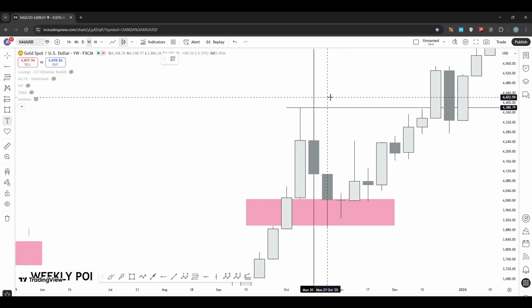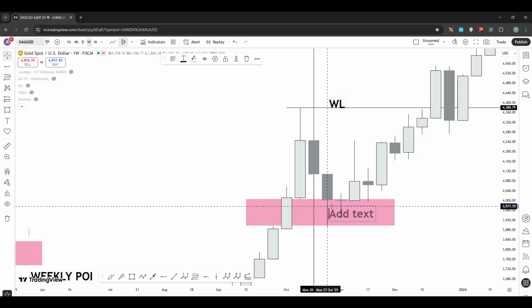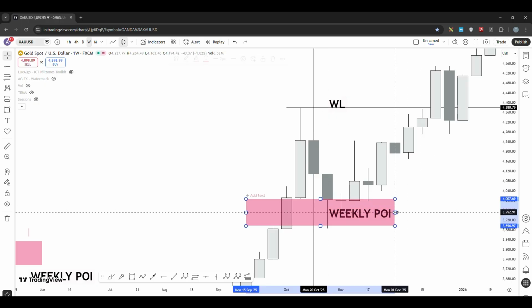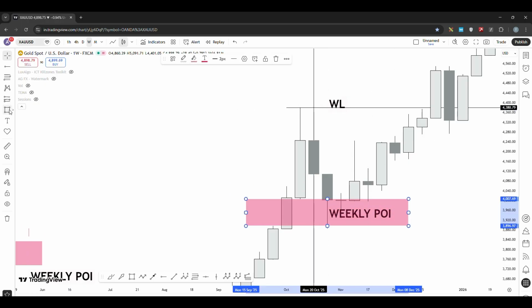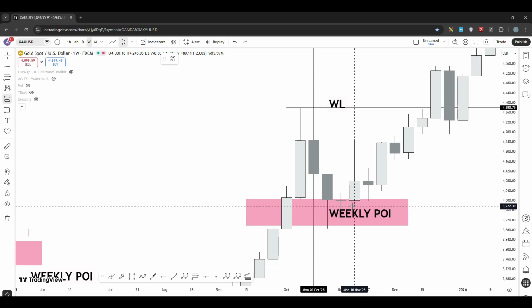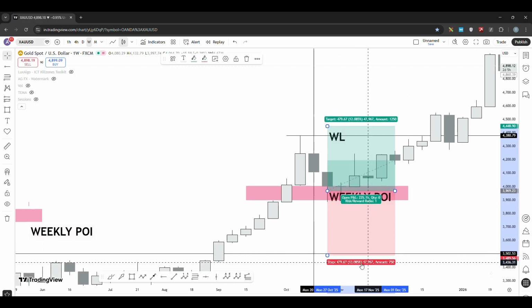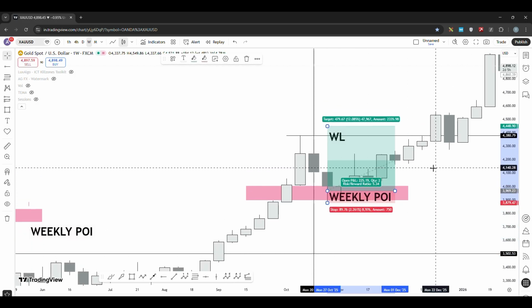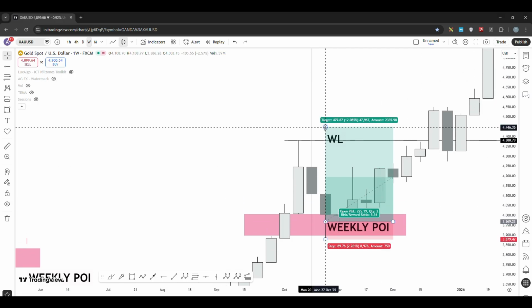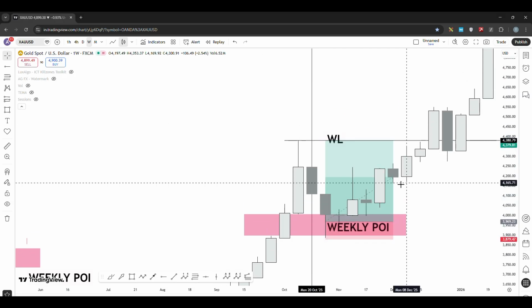So this is your weekly liquidity. This is your weekly POI, and market pushes from weekly POI to your weekly liquidity. So once again, you should have gone to the 4-hour, taken your entry from here, or in the 1-hour, stop loss below the low and target the weekly liquidity, right?